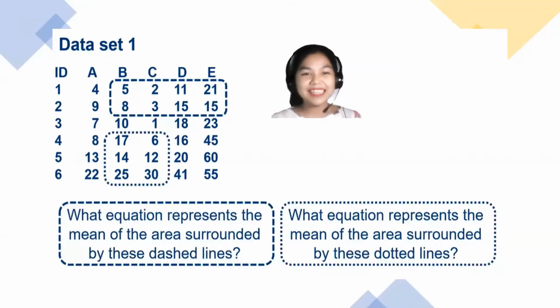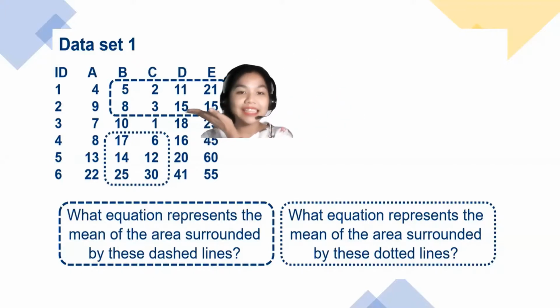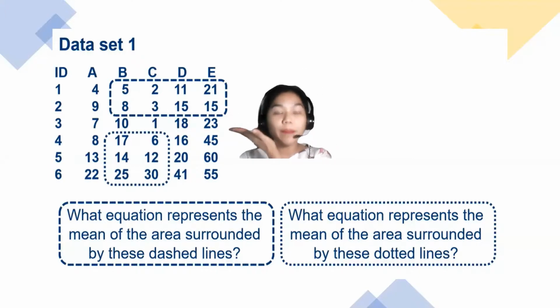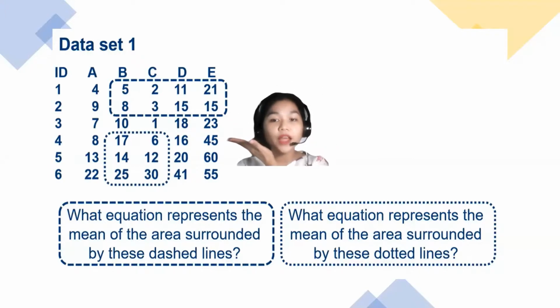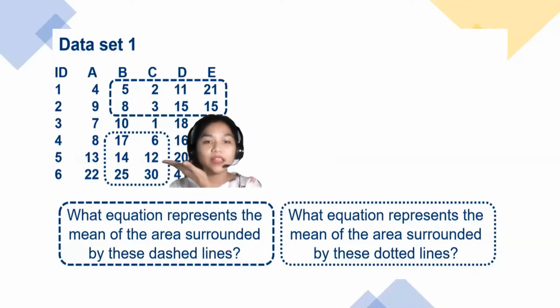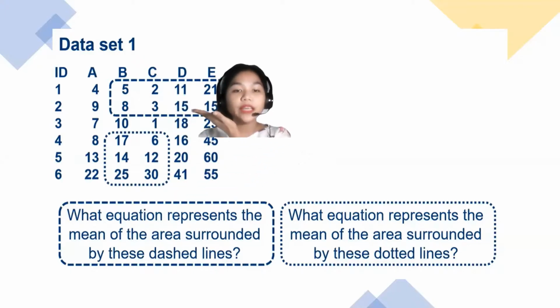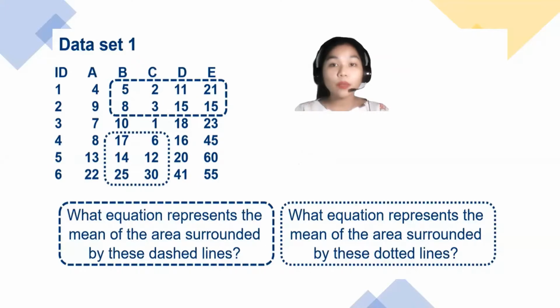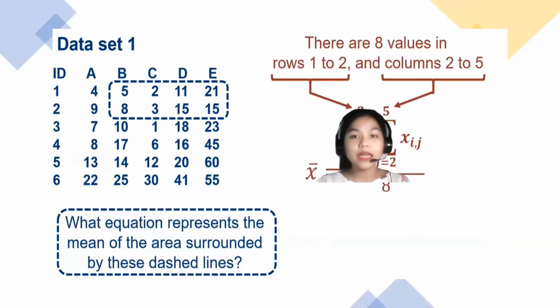Using the same data set, let's try to answer another question. What equation represents the mean of the area surrounded by these dashed lines? And what equation represents the mean of the area surrounded by these dotted lines or dotted rectangle? So we are trying to get the equation that represents the mean.